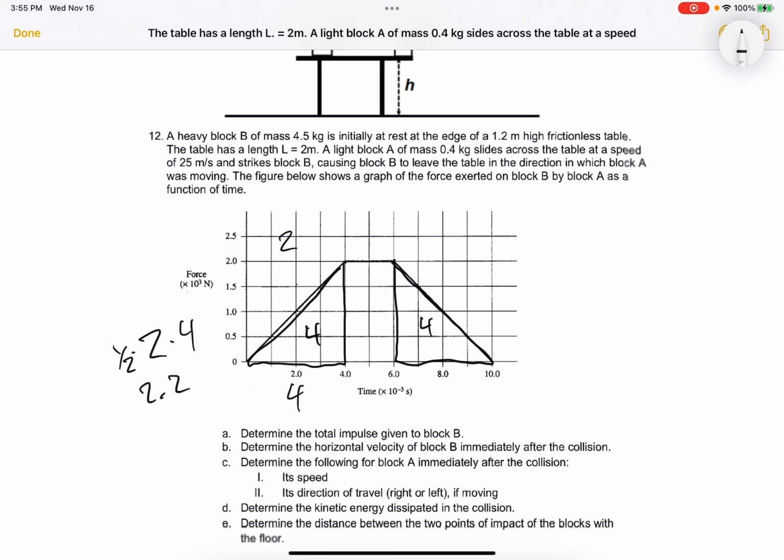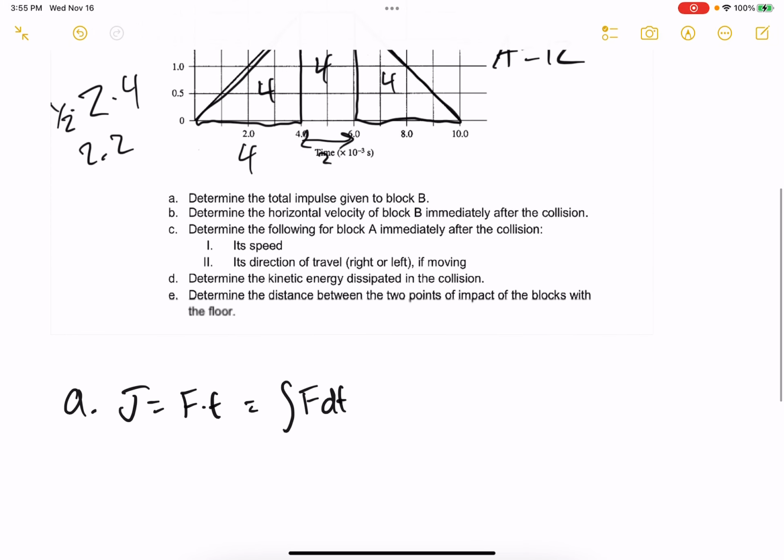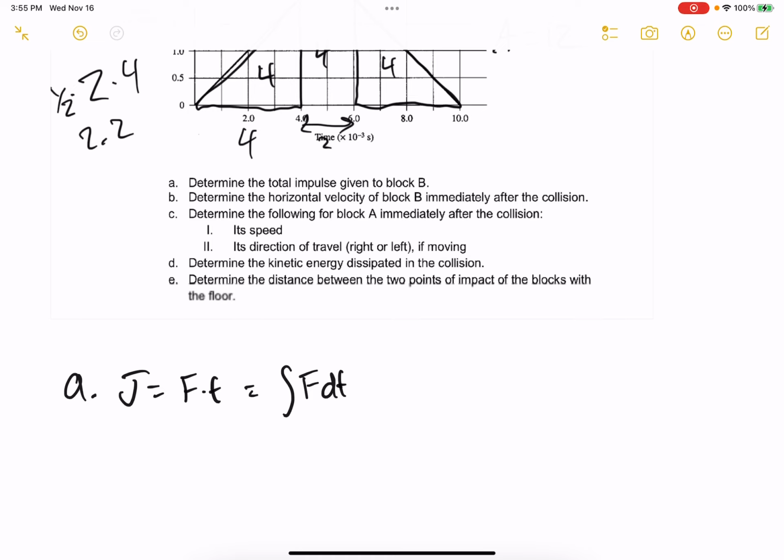And then here we have a length of 2 and a height of 2, so this will also be 4. And so the total area will just equal 12, okay? So we know that the total area just equals 12. Not too bad for that first part, okay?